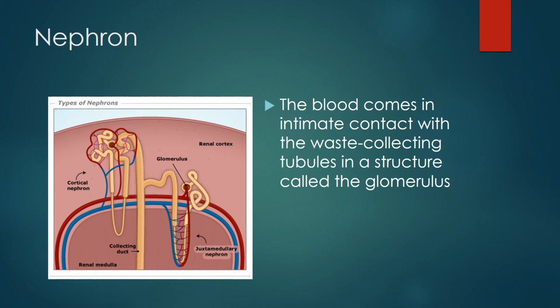Some of this reabsorption requires active transport and consumes ATP. Some wastes, including ions and some drugs remaining in the blood, diffuse out of the capillaries into the interstitial fluid and are taken up by the tubule cells. These wastes are then actively secreted into the tubules.